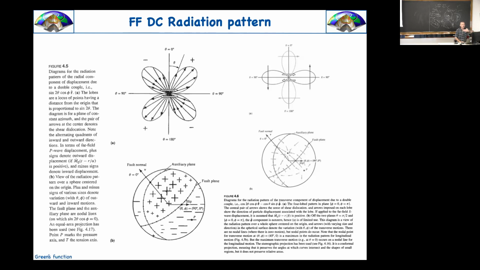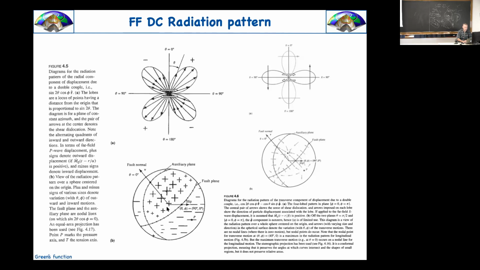If you imagine to take phi equals 0, if you look from the side, according to theta, the angle describing the position of the receiver around the fault, so we are looking at from the side, the fault, what we are waiting is big plus, big minus, big plus, big minus in terms of P waves. So we have 4 quadrants.